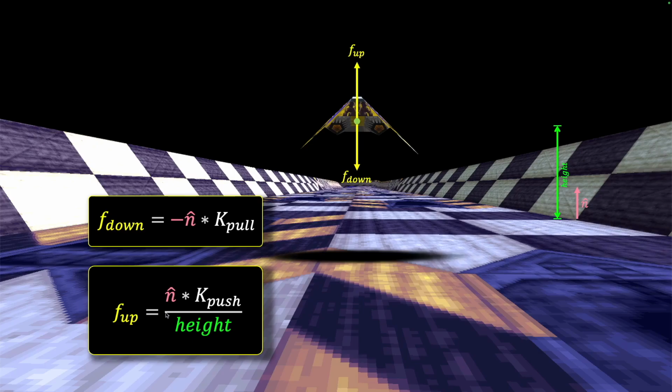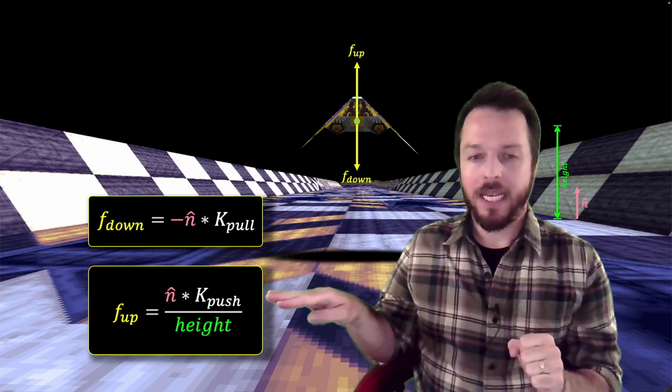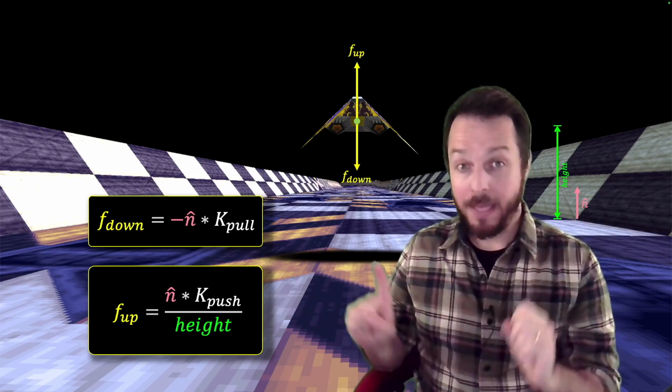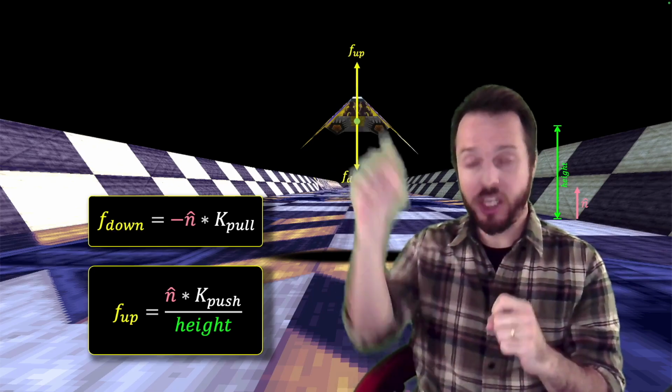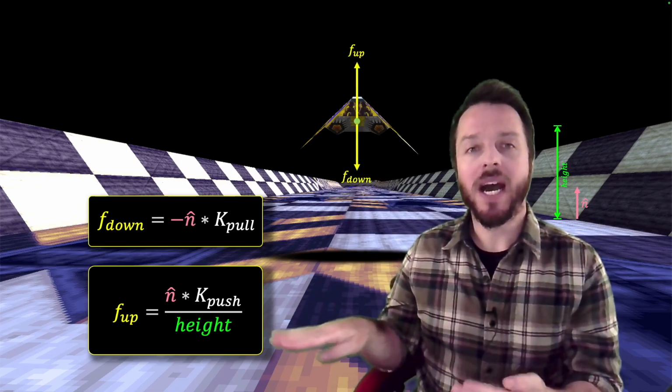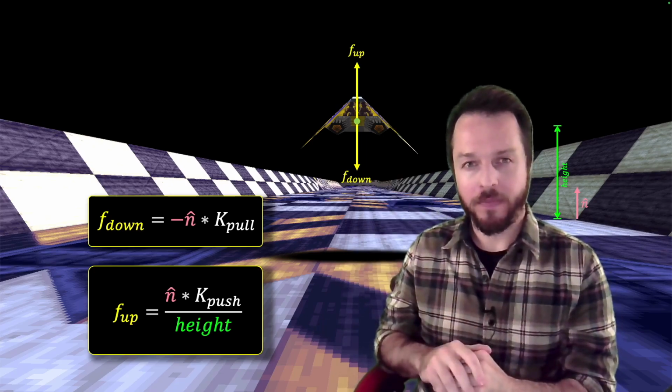But then look at what I'm doing. I'm dividing by that height value that I computed from the dot product, right? So this height right here. And I wanted to already look beyond the formula and try to understand what the formula is telling us. Look at this. My force up, how much I have to push up the ship, has to do with my height from the base of the track.